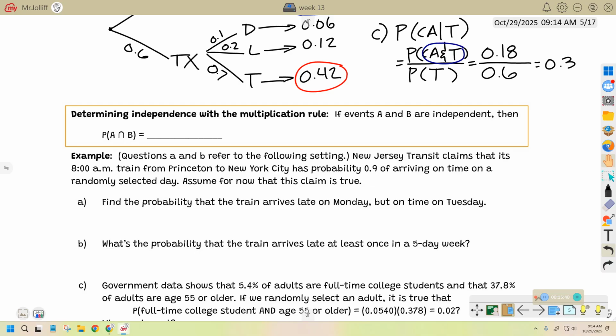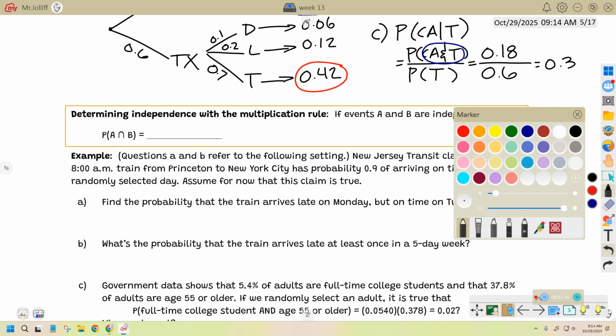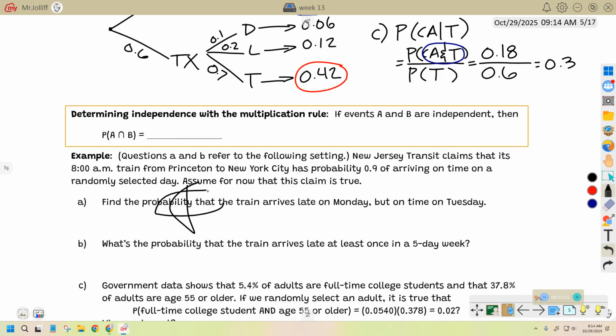That was tedious. There is a faster way to do it. If two events are independent, then the probability of both happening is just P(A) times P(B).